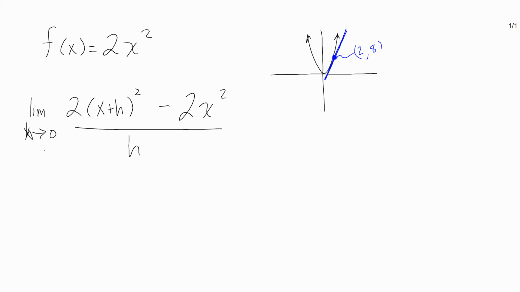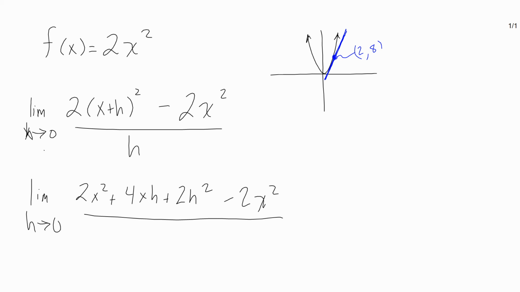And then what do you do? Well, you're back in algebra 1 now, or algebra 2. This is all algebra. All the calculus you use is right here. So the limit as h approaches 0 is equal to 2x squared plus 4xh plus 2h squared minus 2x squared over h.